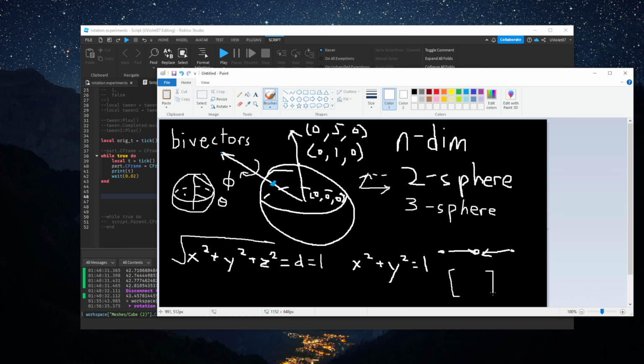Let's keep it simple and say it's a 3x3. And for example, let's put a 1 here, and then cosine of theta, negative sine theta, and then zeros in these spots. This is a matrix that can rotate about the x-axis.